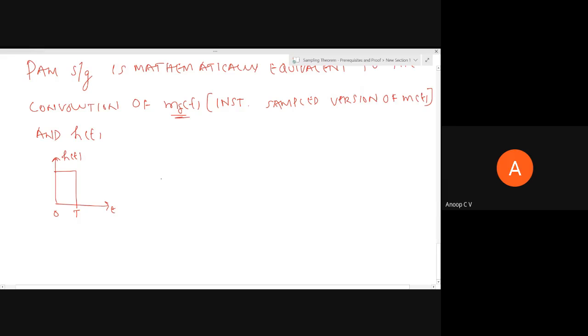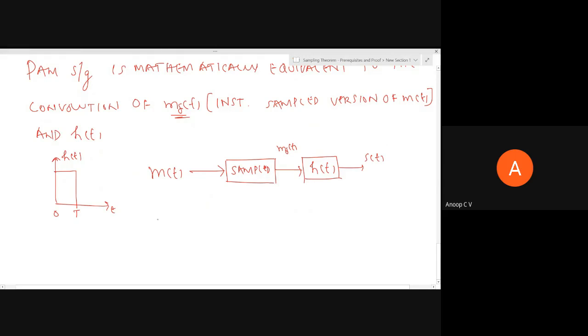Initially this m of t should be instantaneously sampled, and the sampled signal should be passed through an LTI system with impulse response h of t. What I'll get here is m delta of t, and the output of this h of t should be equal to s of t.